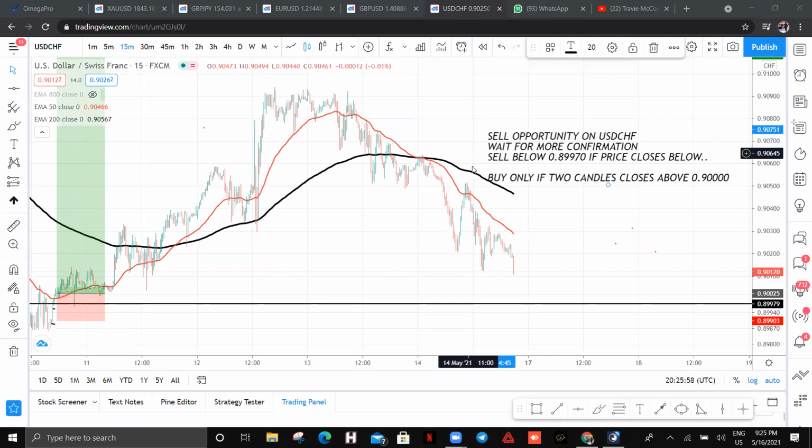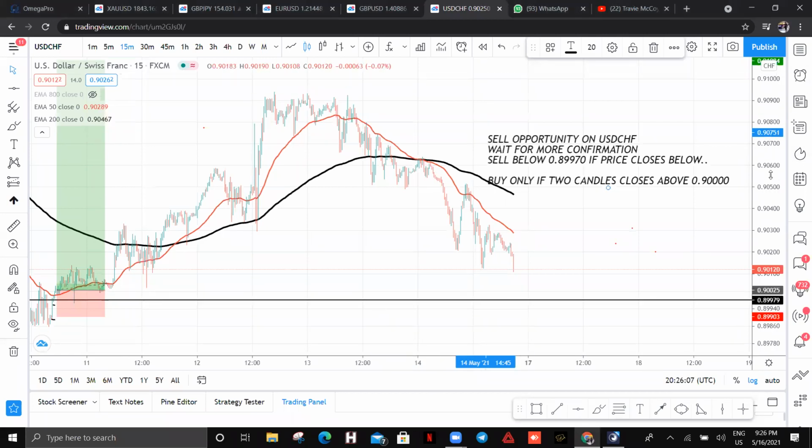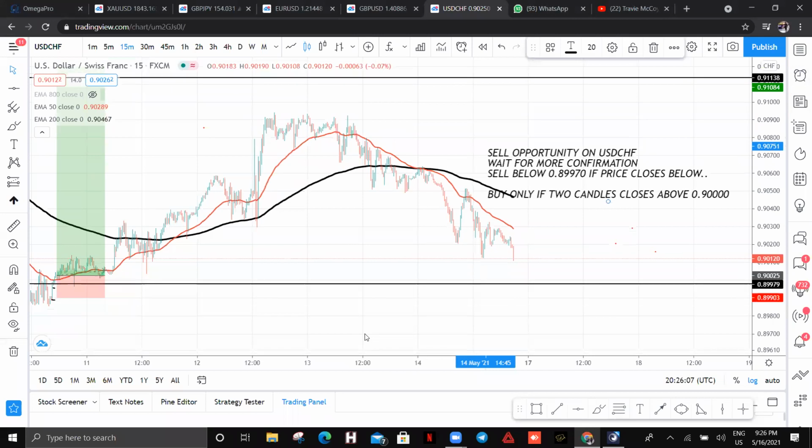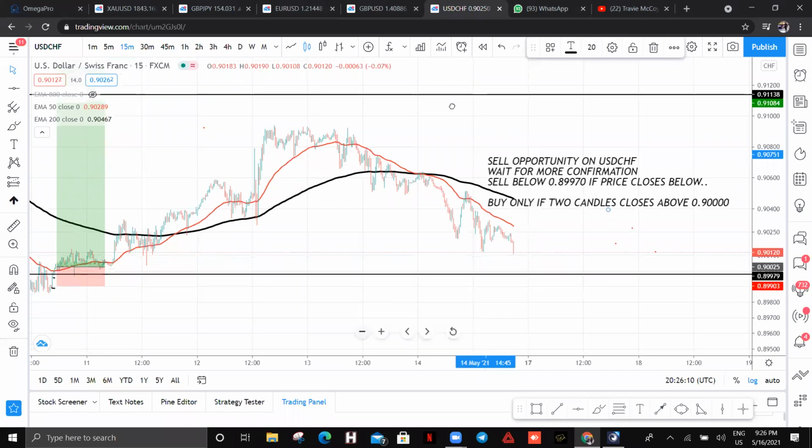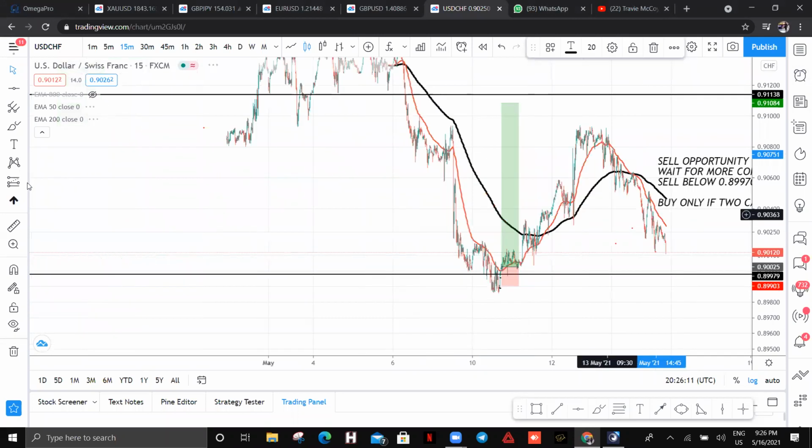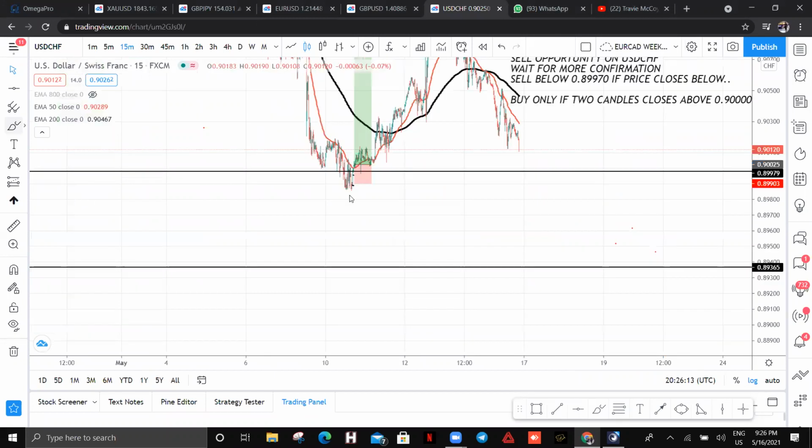Price is below my 200 EMA. The 50 has actually crossed my 200 EMA, which is giving me a stronger confirmation for a sell. So if I actually need to do this, I will draw my... chat box is blinking, don't worry, I'm going to attend to it. Let me look for a short position. This is the best place.